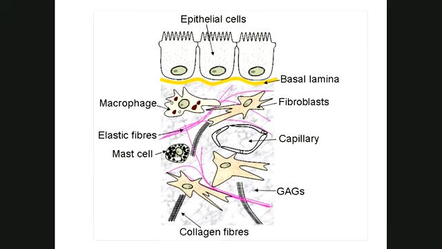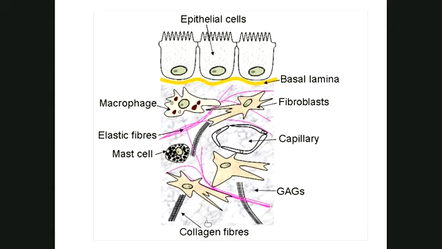We have protein fibers like elastic fibers and collagen fibers, and also the other fibers which we call reticular, and we don't have it in this picture. And we have a ground substance, the gel-like material which is located between cells and fibers. So all the connective tissues have these three components: cells, protein fibers, and ground substance.